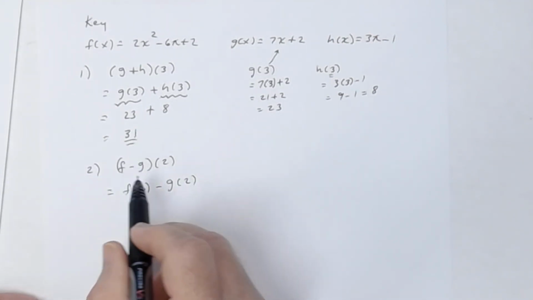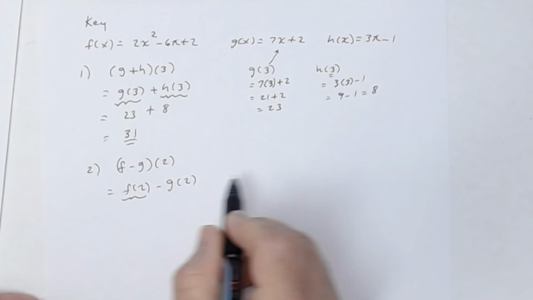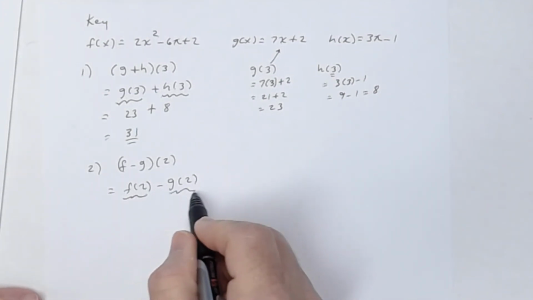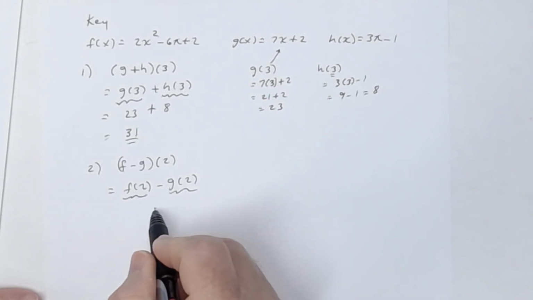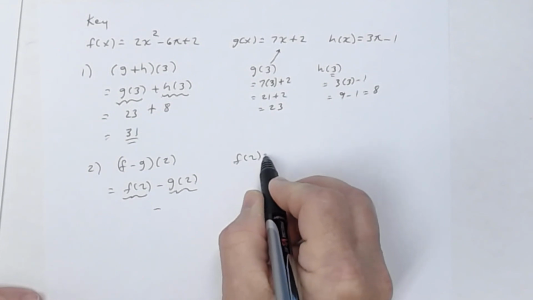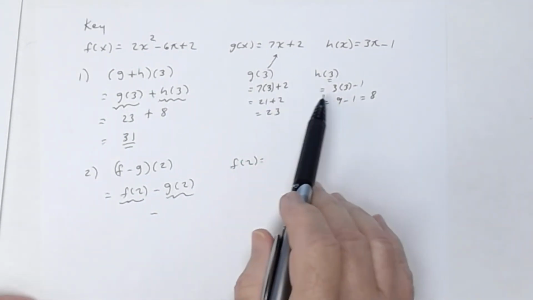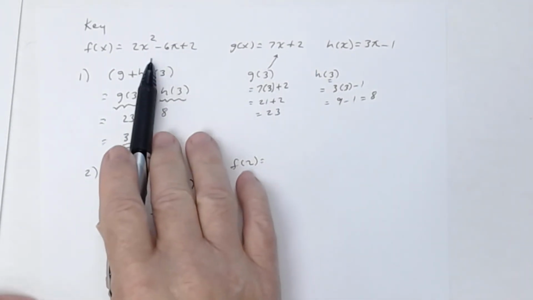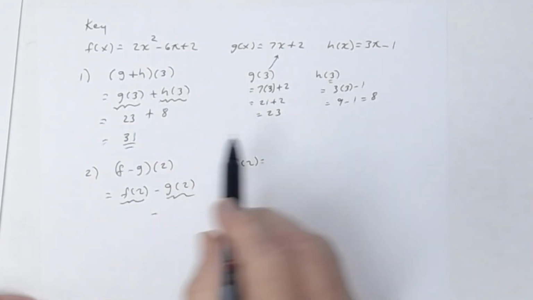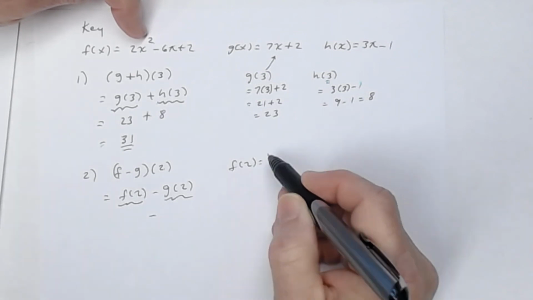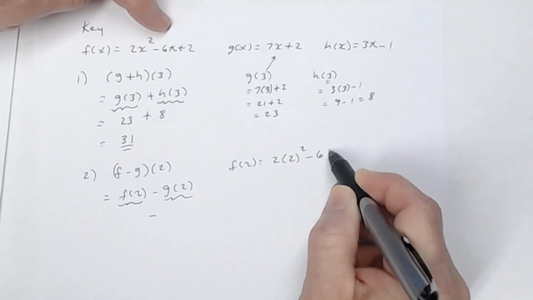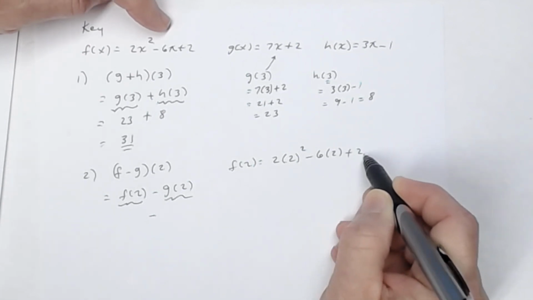Just like we did the previous one, we're going to go to the side here. We're going to find out what f of 2 is, find out what g of 2 is, and then subtract those. So let's talk about f of 2. You go to your function f, which is this quadratic function here, and where we see the variable x, you substitute 2. So this becomes 2 times 2 squared minus 6 times 2 plus 2.